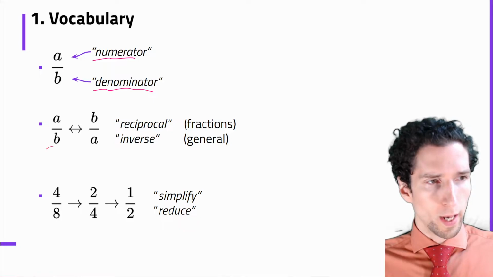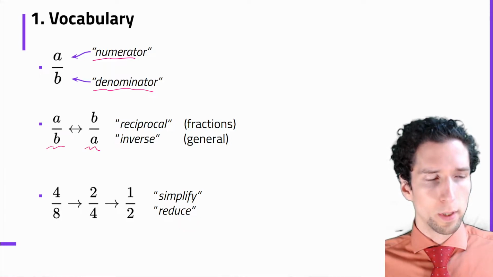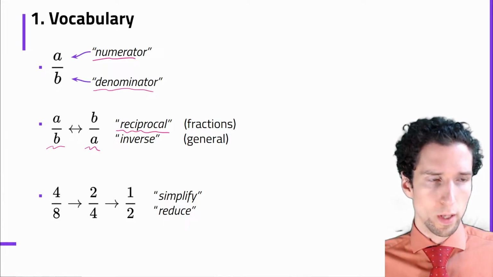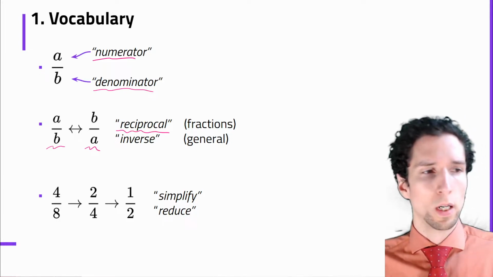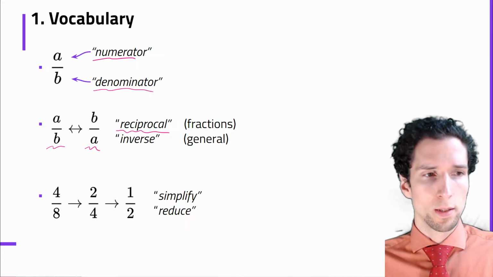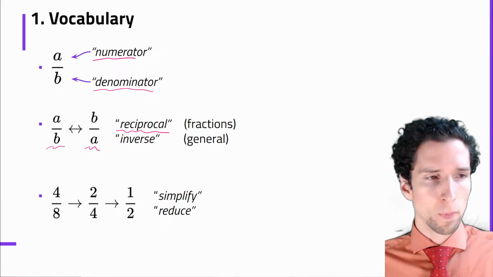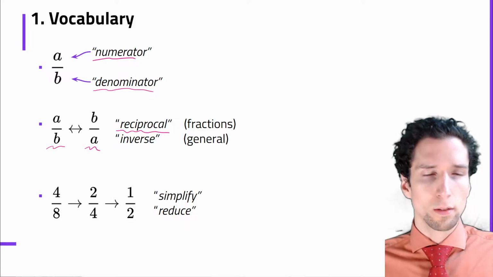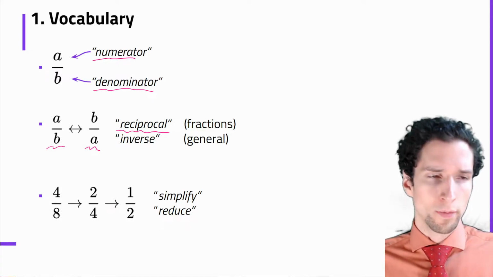Second one, if we have a fraction and we flip it upside down like this, that is a reciprocal. So the reciprocal of A over B is B over A. That basically means the opposite of something.